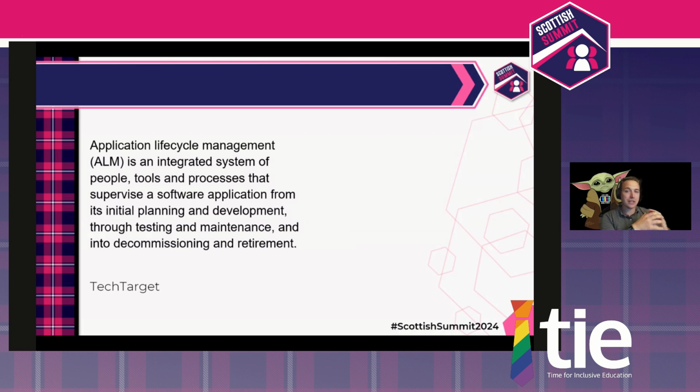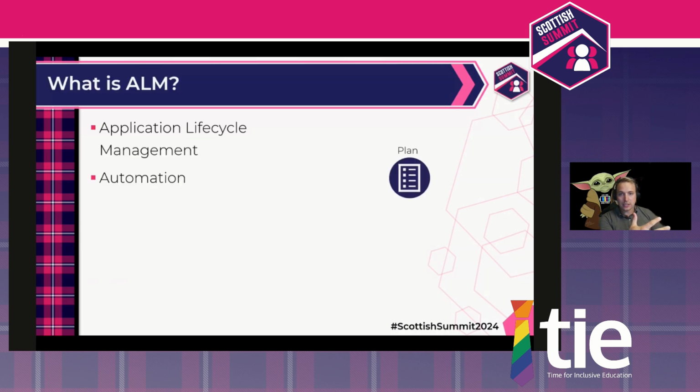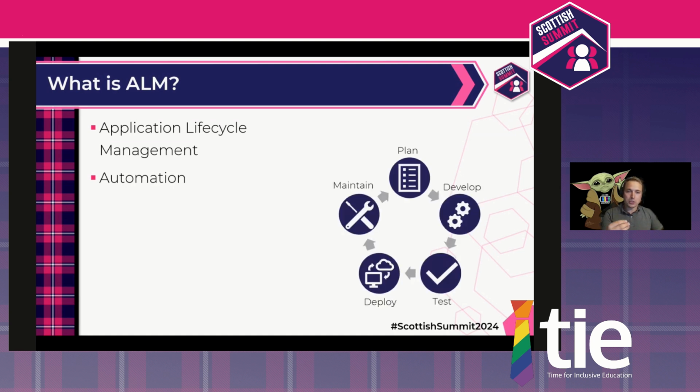It is the complete lifecycle from planning through development, testing, deployment, and over maintenance, again starting the cycle for the next version of the software. And at the end, a software might be decommissioned at some point in time. So it's important to know that it is more than just the deployment part.